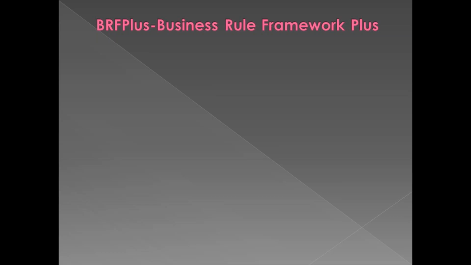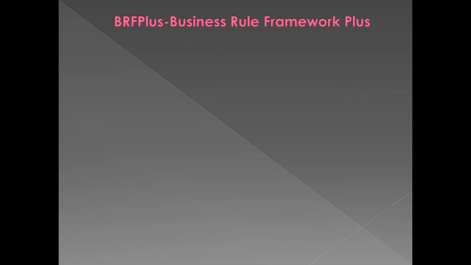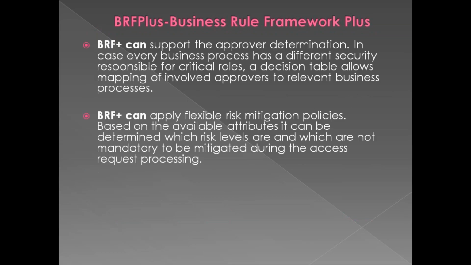BRF Plus is flexible for risk mitigation policies. When you do the mitigation, they check the risk analysis and maintain the risk requests and processes. Approval will finish on these business policies, mitigation, risk policies and all the stuff.